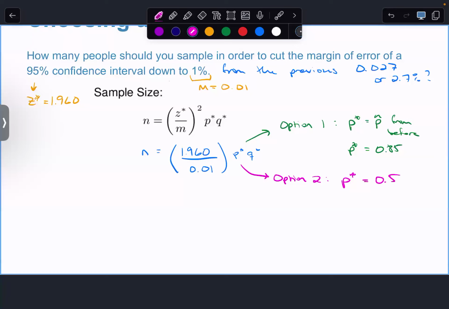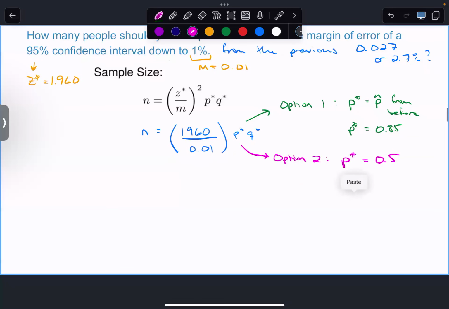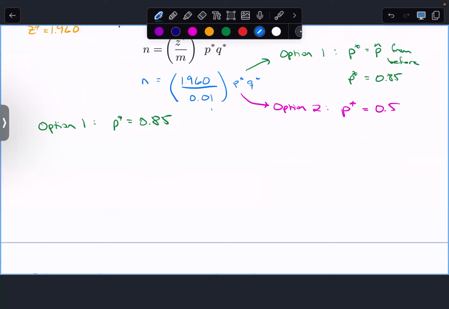Then I assume a 50-50 split, 0.5, 0.5. Okay. I'm going to do option 1, where P star is 0.85 here. And I'm going to do option 2 down here or beside it. Says the same thing twice, but that's okay.